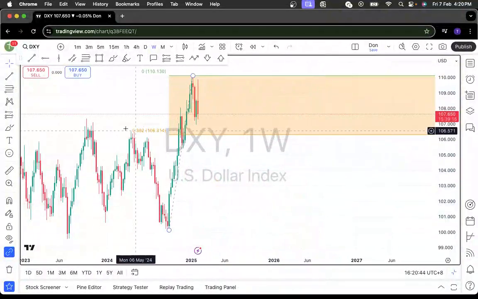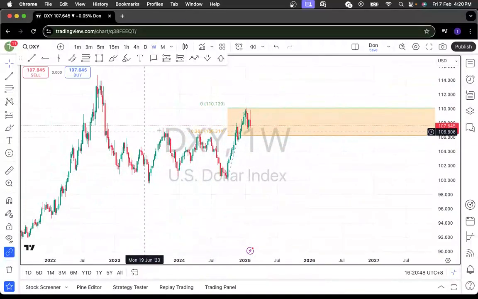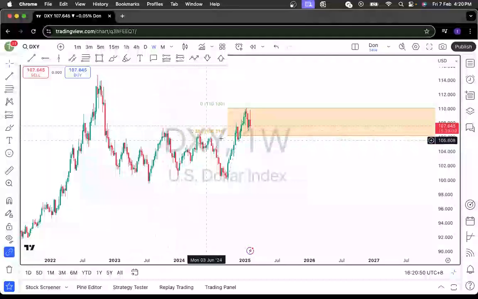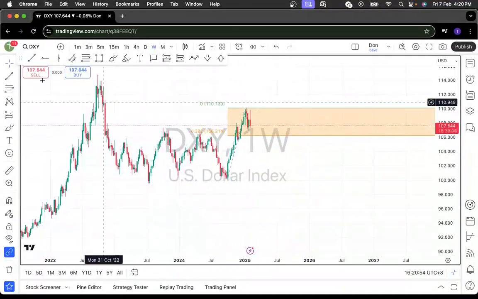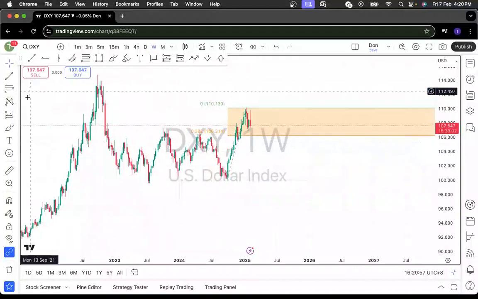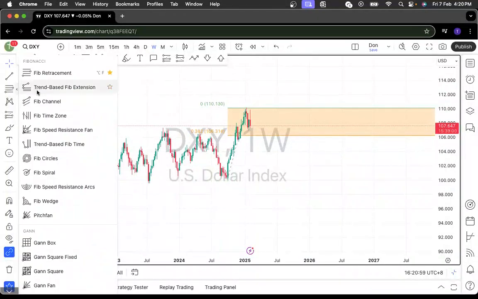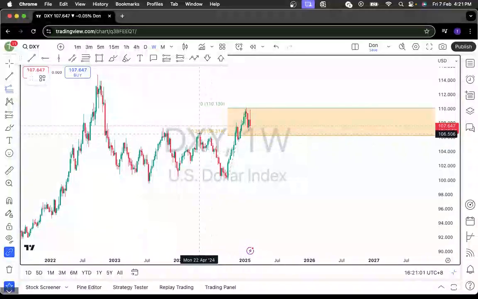And this is a little bit more in line with that 106.5 level that was the previous resistance that has been broken. So this is a key level I'll probably watch out for a little bit. It's a little bit more of a shallow retracement, but it is there. You can also use an extension. So extensions are like sort of zigzag lines.